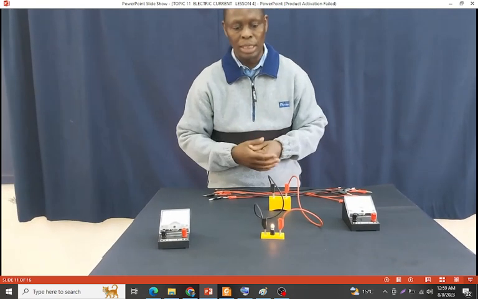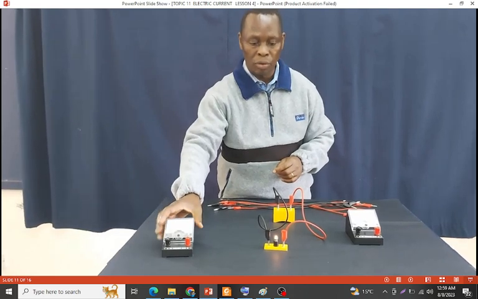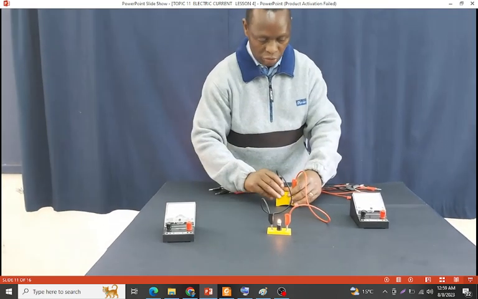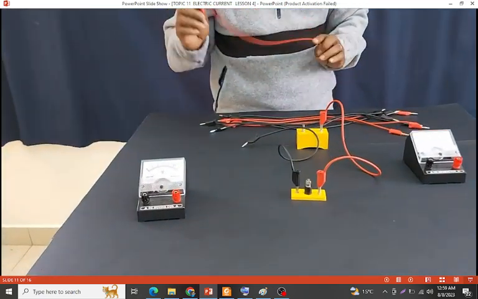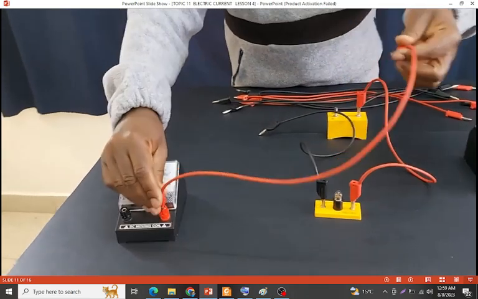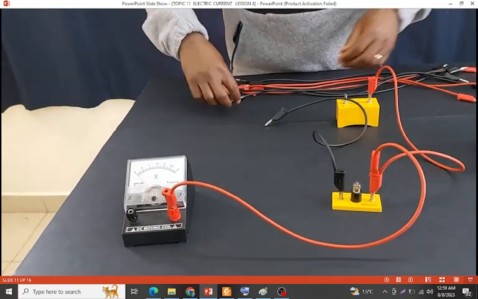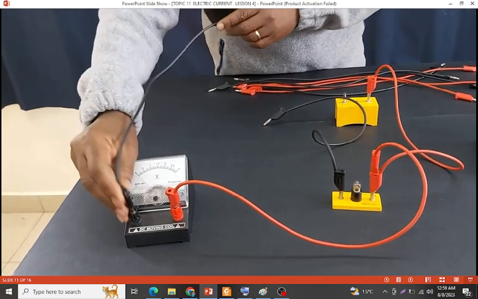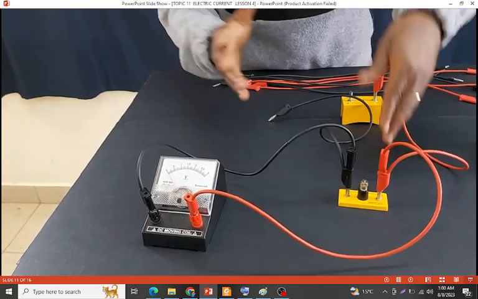To be able to tell how much potential difference there is, we'll connect the bulb in parallel to the voltmeter. So let me switch off the circuit for just a moment, and to connect my voltmeter in parallel, I'll connect one terminal to one end of my appliance and the other terminal to the other end of my appliance. So we say they are connected side by side.